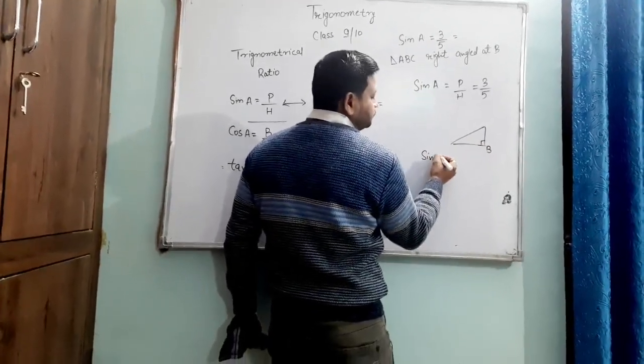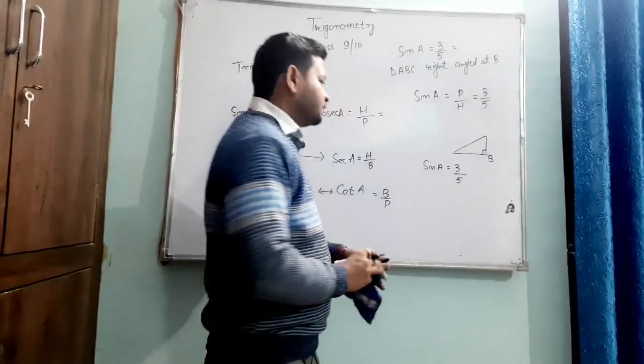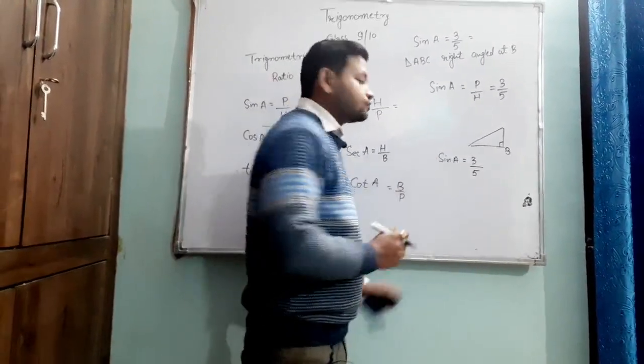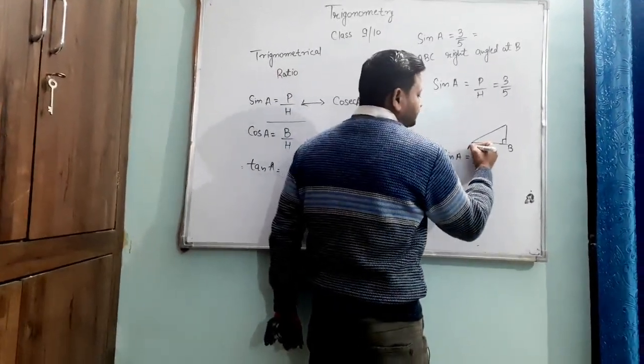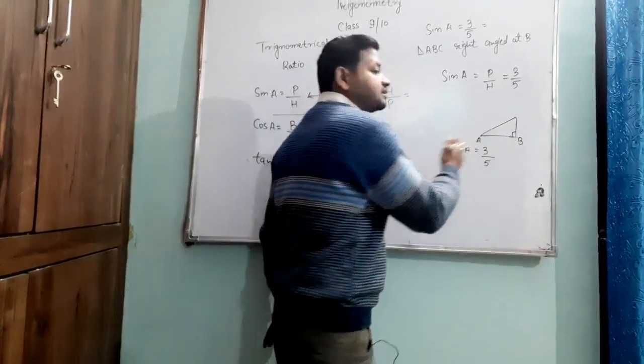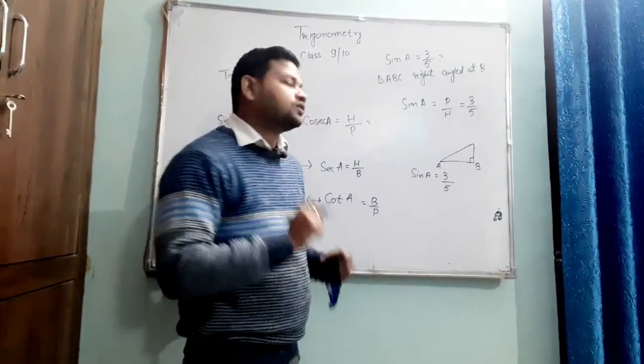See, this is a very important concept. We have the ratio for angle A, so A will always come at the left side. Always take the angle at the left side or right side, because then the sides become clear. This is the important concept here.